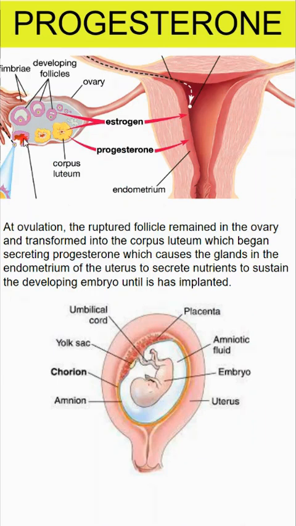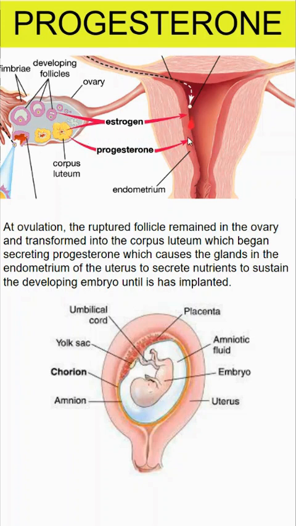So after you have this ruptured follicle where the secondary oocyte goes into the fallopian tube, this ruptured follicle becomes the corpus luteum. And again, the estrogen is prepping this lining, and the progesterone that's released from the corpus luteum is also triggering this to secrete nutrients to sustain a fertilized embryo. And again, this corpus luteum doesn't last forever.